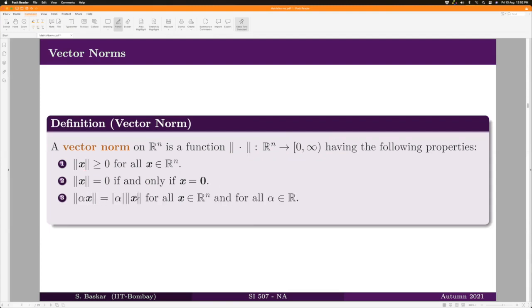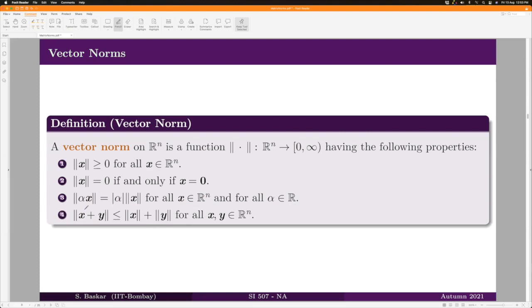Third is scalar multiplication. If you take a vector x and multiply it with some scalar alpha and give that to your function, then your function will return the value which is equal to mod alpha times the number that your function returns when applied on the vector x. This happens for all vectors in Rn and any scalar that you choose from R. Finally, the important property called the triangle inequality.